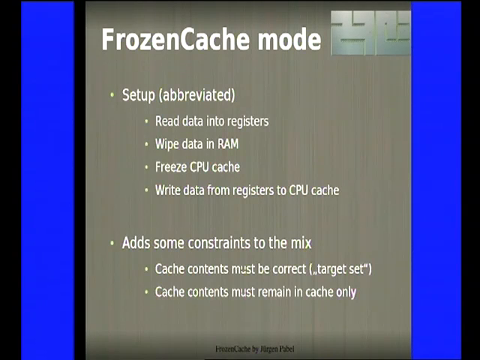So what you do is take that data, load it into a CPU register, then overwrite the data in memory, make sure that the write actually gets sent down to the memory so that data is no longer present in memory, and then you freeze the CPU and write the data into the CPU cache so that it now exists there. And for as long as the CPU cache doesn't decide to flush this data back out into memory, you don't have the actual values in memory.